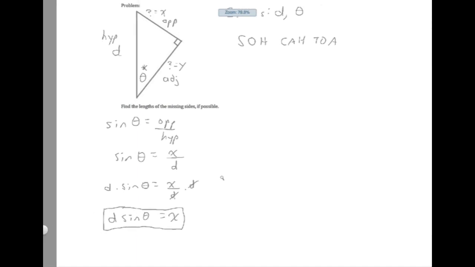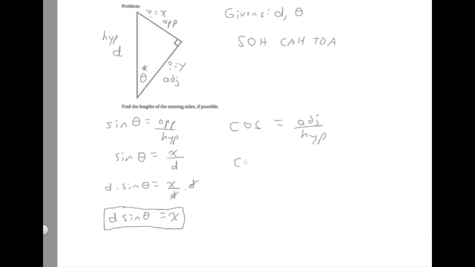Okay, and now we have to do it all over again for cosine. Cosine equals adjacent over hypotenuse. So cosine equals adjacent, which is y, over hypotenuse, which is d. Is this a good equation? No, this is terrible because I forgot the angle. The angle is theta. So remember that you have to include the angle. All right, and now again we have to multiply both sides by d because we're trying to solve for y.